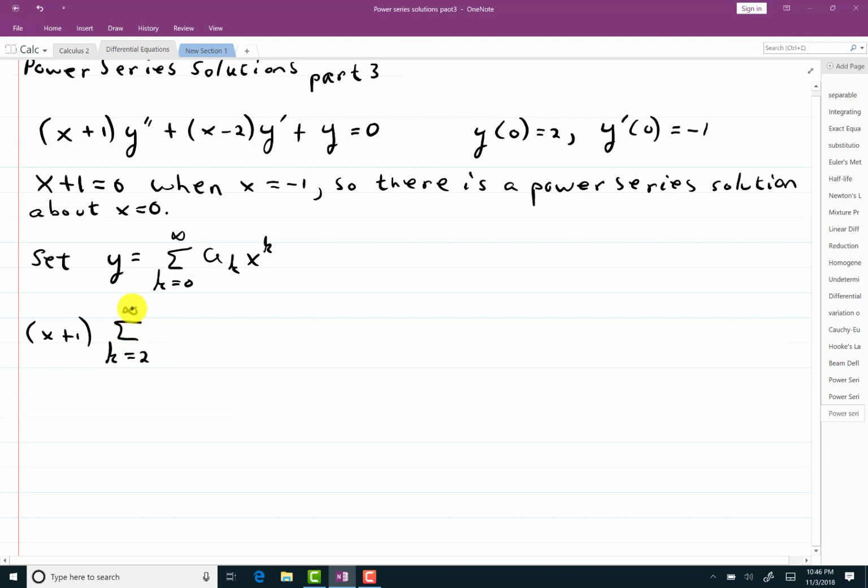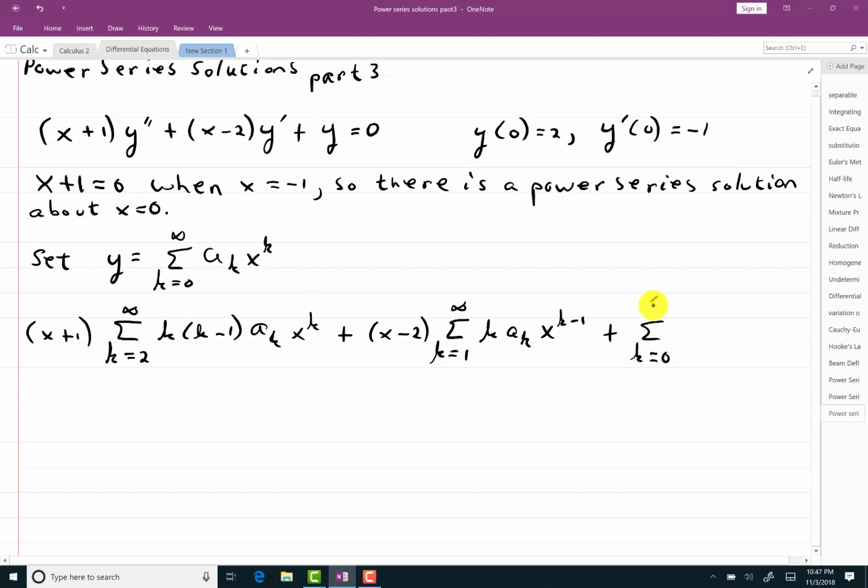So k equals 2 to infinity, k times k minus 1, a sub k, x to the k minus 2. And then I'll plug it into this piece. This time it'll go k equals 1 to infinity, k, a sub k, x to the k minus 1, and then finally we have just y at the end. And all that's equal to 0.